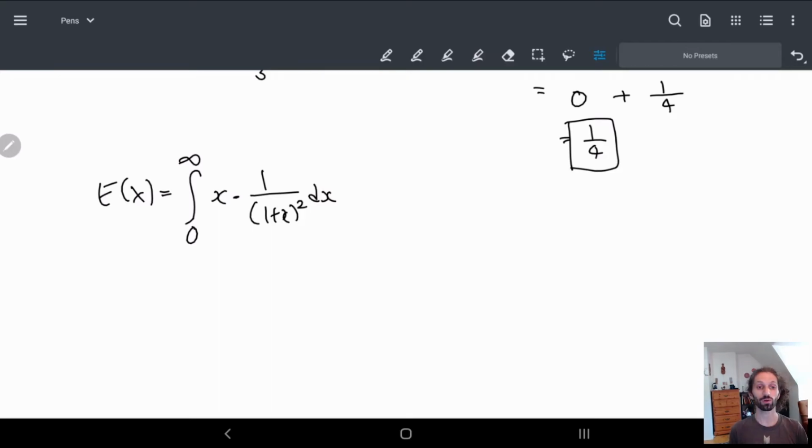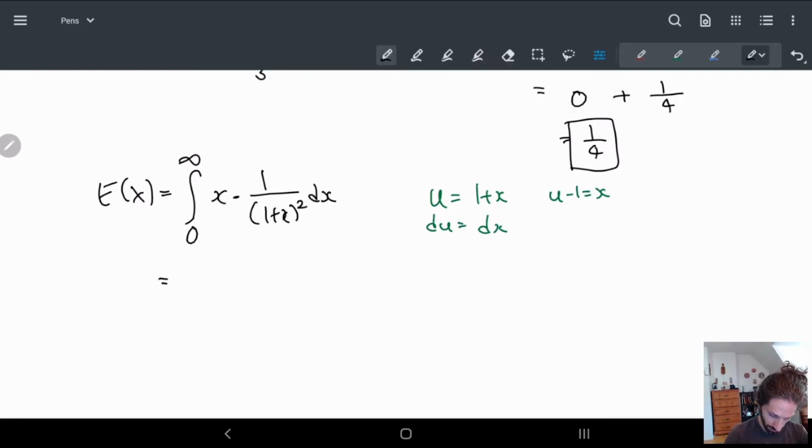At this point, we're going to have to do the u substitution that I had done in my head. If I let u equal 1 plus x, then du is equal to dx, and u minus 1 is equal to x. If I substitute these in, I also need to change my bounds. 1 plus 0 gives me 1, and 1 plus infinity equals infinity.